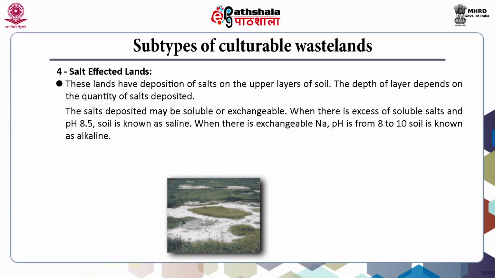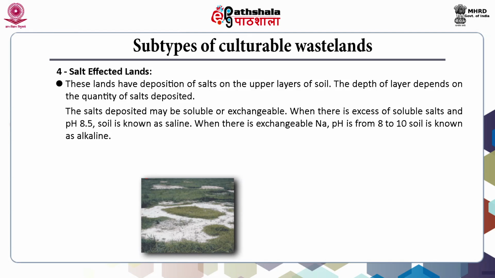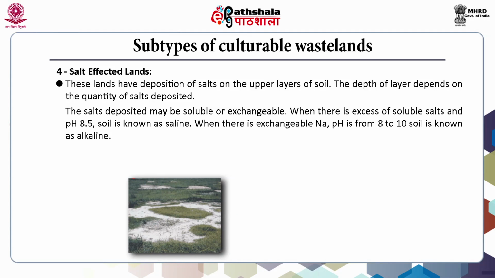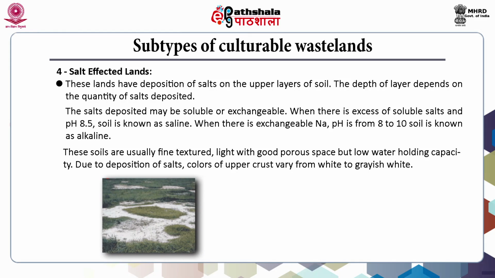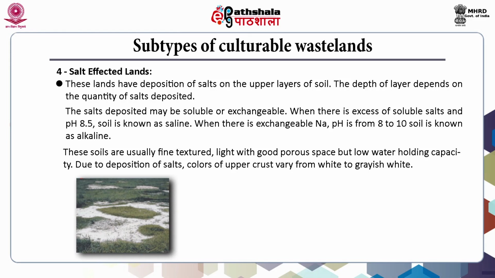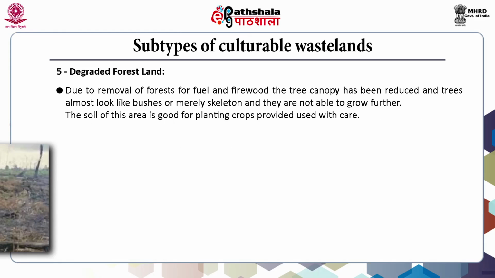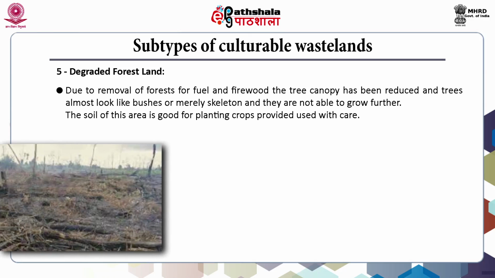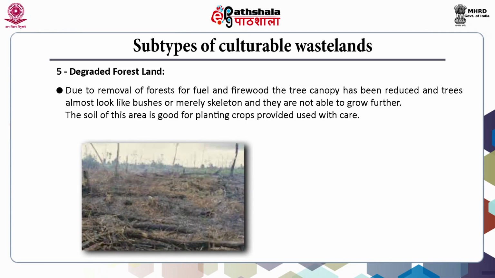When there is exchangeable sodium, pH 8 to 10, soil is known as alkaline. These soils are usually fine textured, light with good pore space, but low water holding capacity. Due to deposition of salts, color of upper crust varies from white to grayish white. Due to removal of forests for fuel and firewood, degraded forest lands are formed.